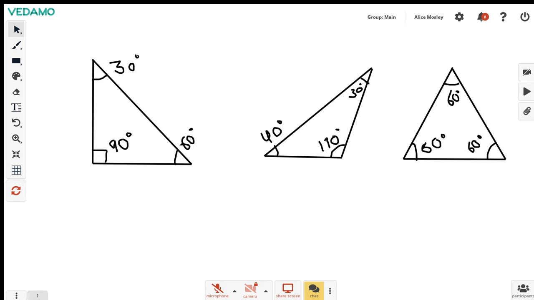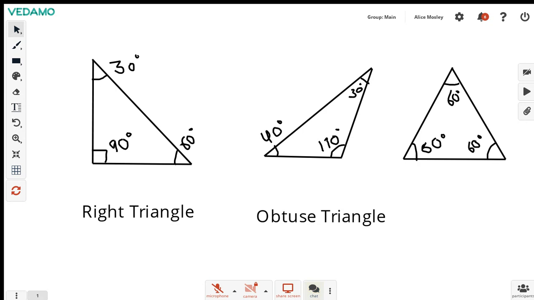Whenever you find a 90 degree angle in a triangle, that triangle is always known as a right triangle. If you find an angle greater than 90 degrees in a triangle, that triangle is known as an obtuse triangle. And if you can't find any angle which is greater than or equal to 90 degrees, that triangle is known as an acute triangle.